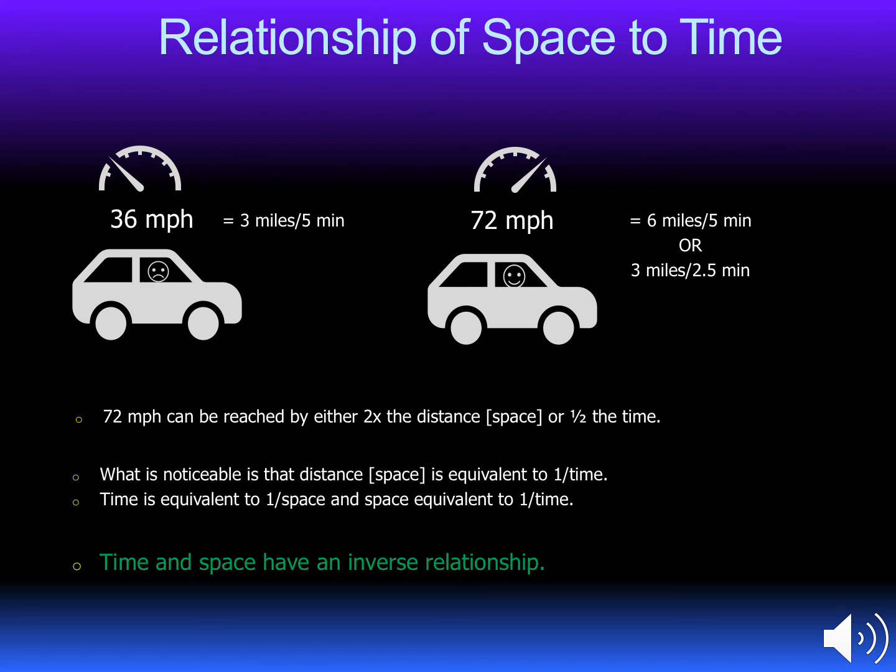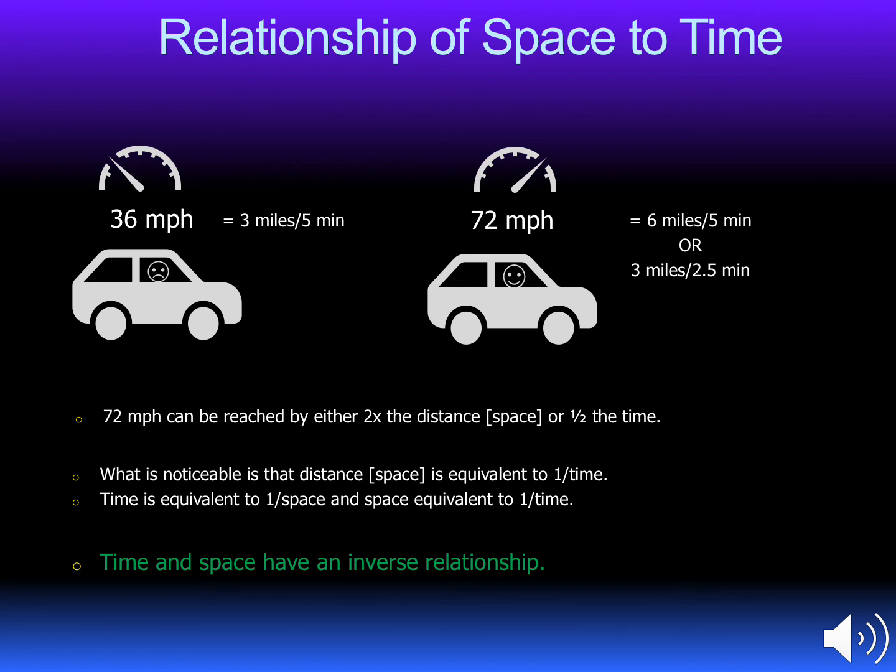So what you notice is that distance, space, is equivalent to 1 over time. For instance, 2 times the distance has the same effect as 1/2 the time. 3x the distance is equivalent to 1/3 of the time. 10 times the distance is equivalent to 1/10 of the time, and so on.